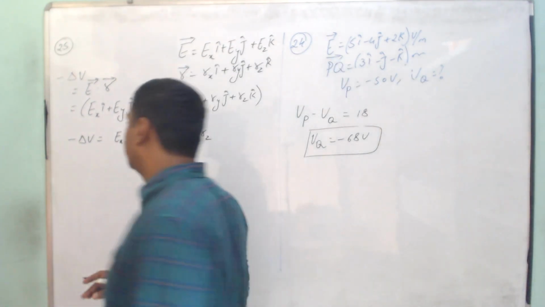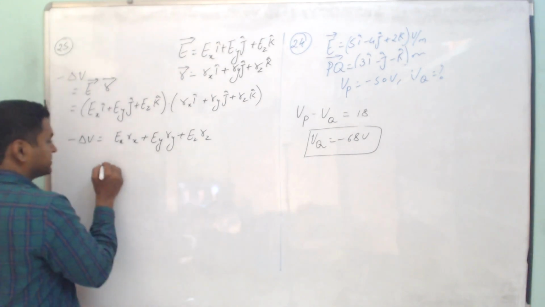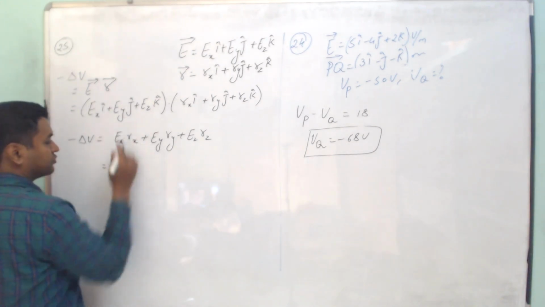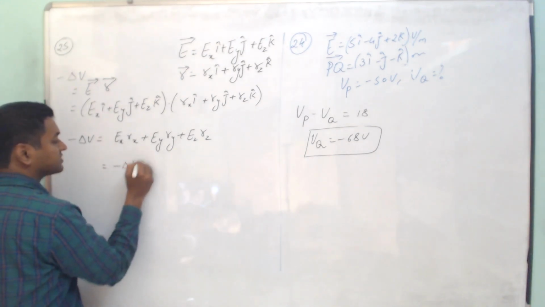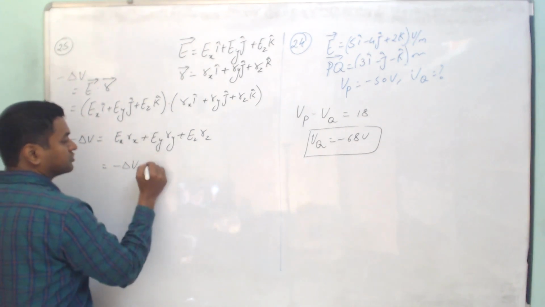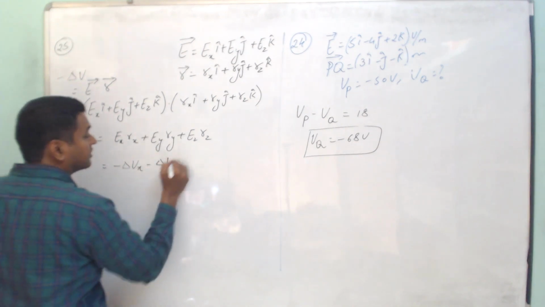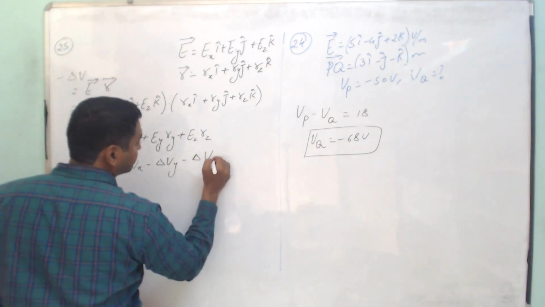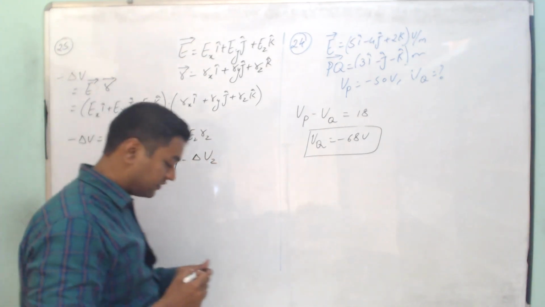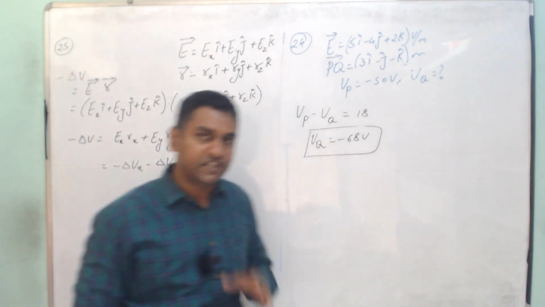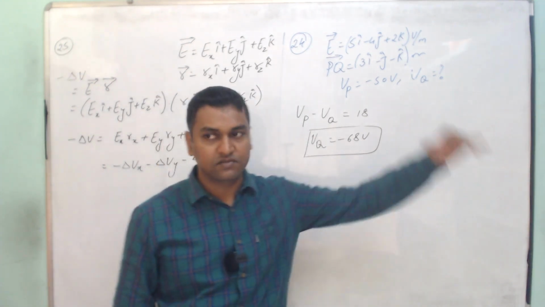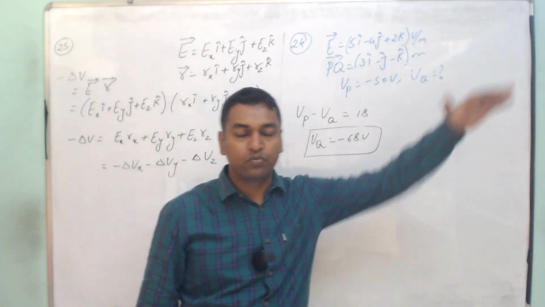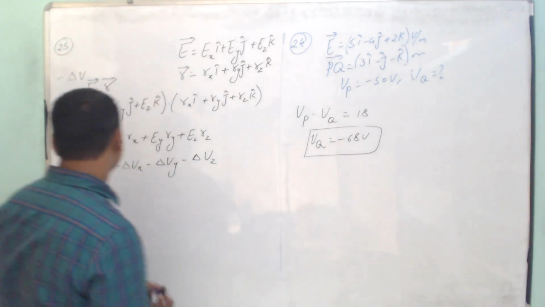So basically, I can write this as: this is responsible for my delta Vx, this is responsible for my delta Vy, and this is responsible for my delta Vz. I gave you the imagination of a staircase, right? X, Y, X, Y, X, Y. I can do potential differences like that.